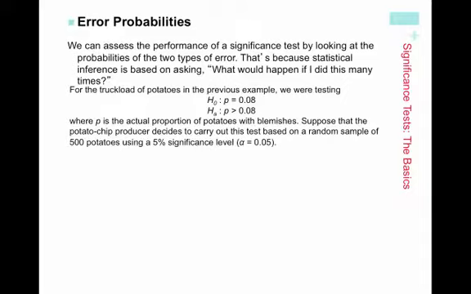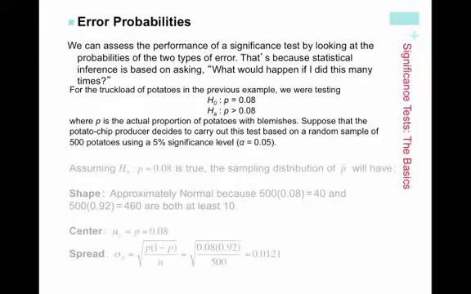So we're still looking at our potato example. We're testing the null and alternative hypotheses again, where P is the actual proportion. Suppose that the producer decides to carry out this test on a random sample of 500 potatoes using a 5% significance level. That is alpha equals 0.05.